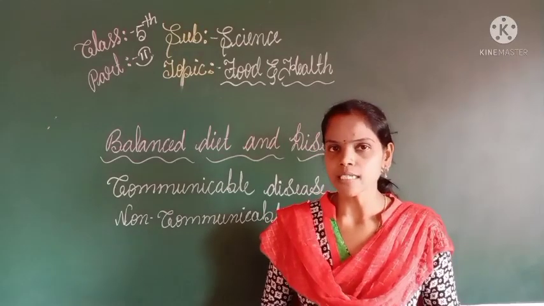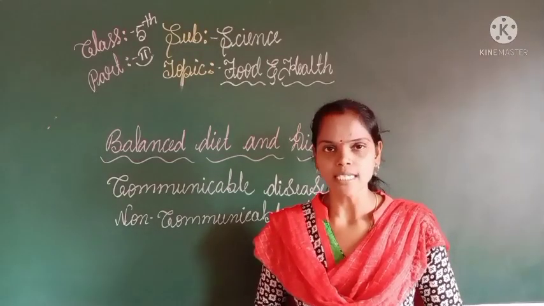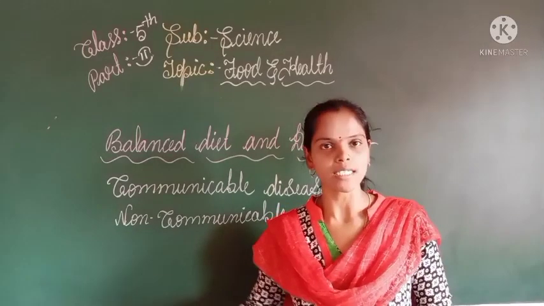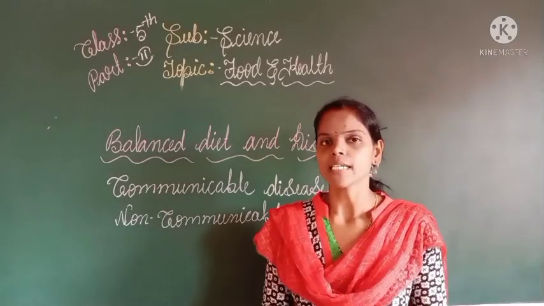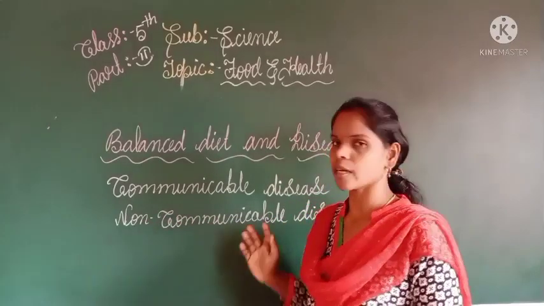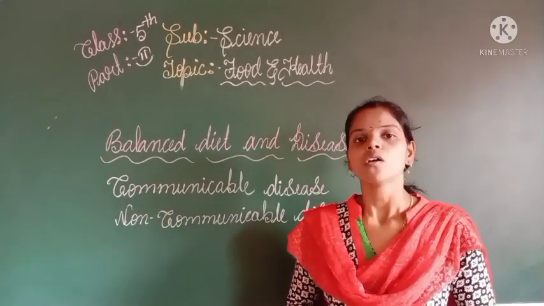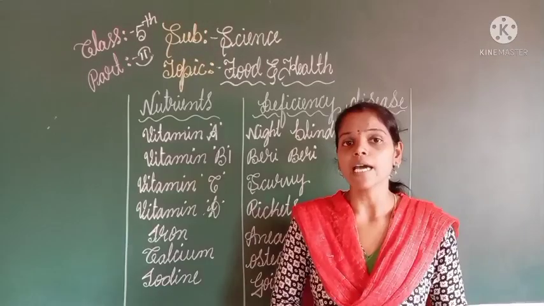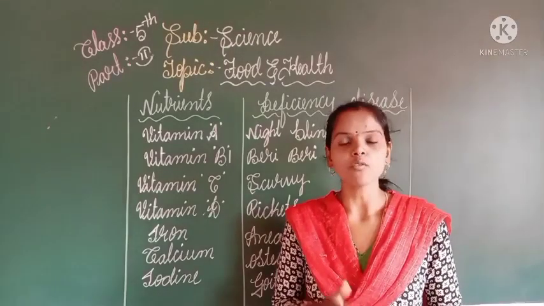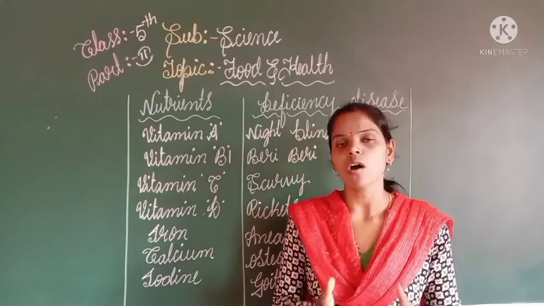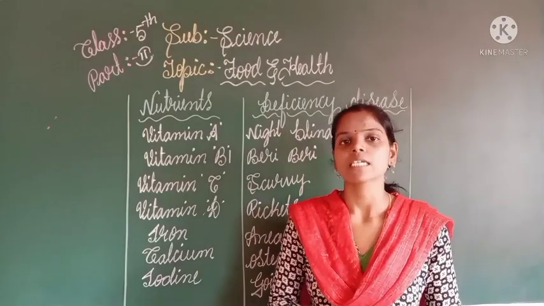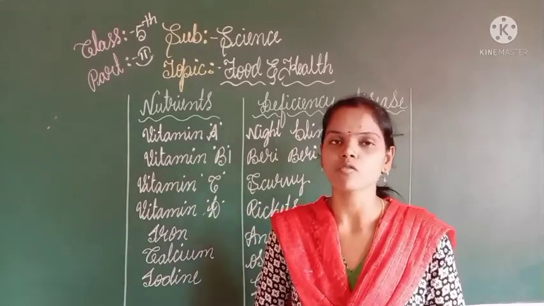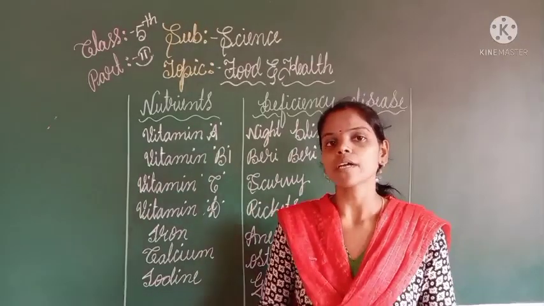Diseases which do not spread from one person to another are known as non-communicable or non-infectious diseases. Here, the lack of nutrients like vitamins and minerals in the human body causes different kinds of diseases. Let us know in detail.